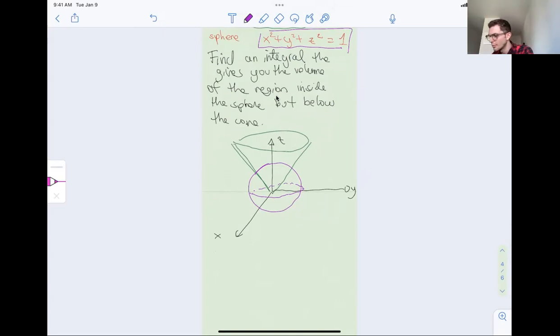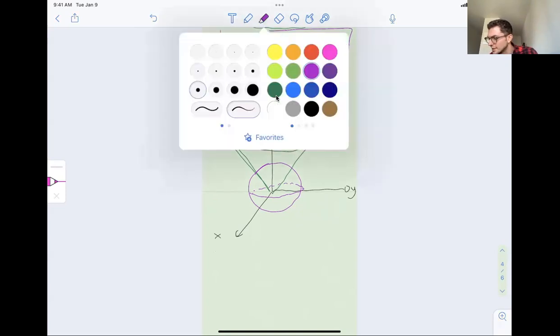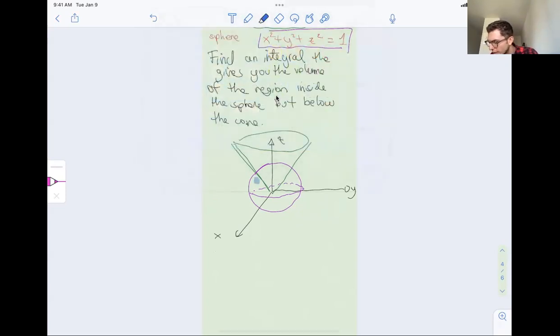So what you end up with is the stuff that's inside the sphere but below the cone. The volume that I'm asking you to find is all of this, right? Is that making sense?